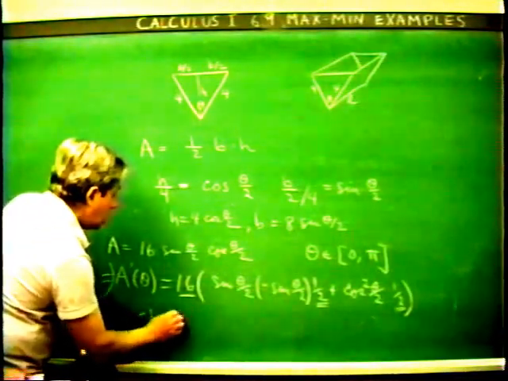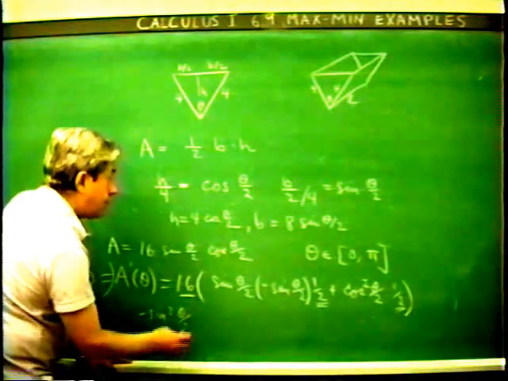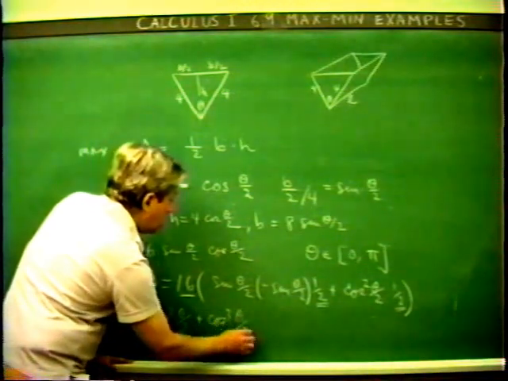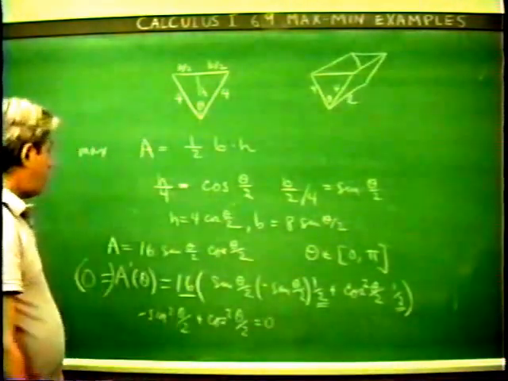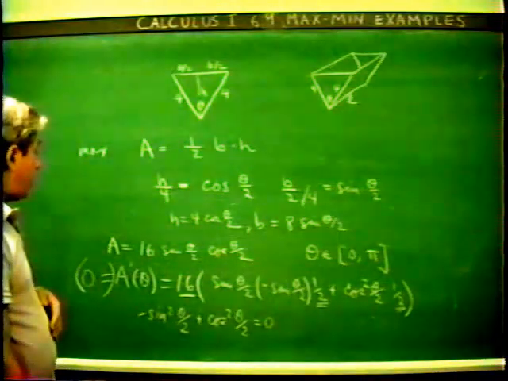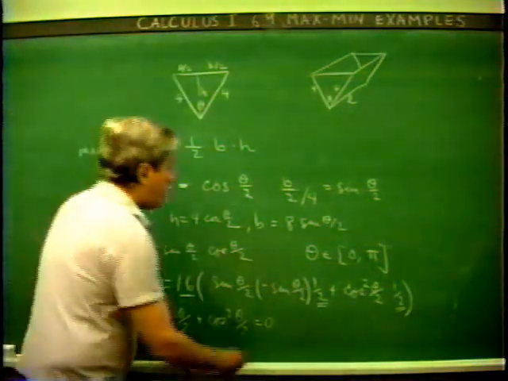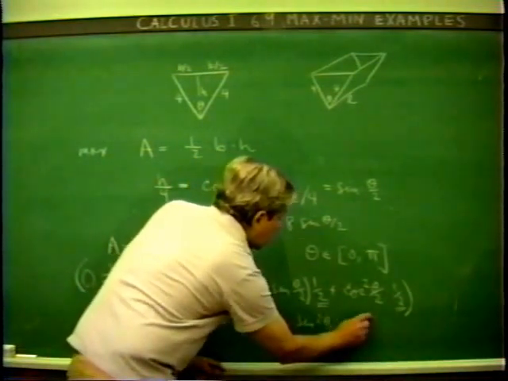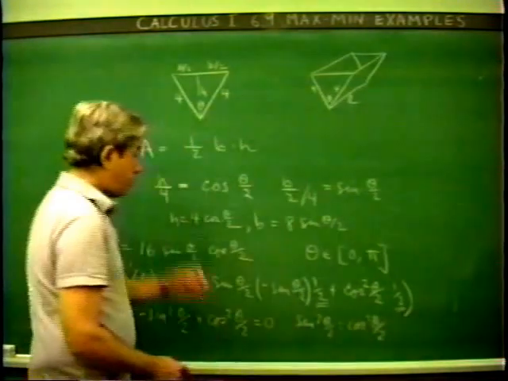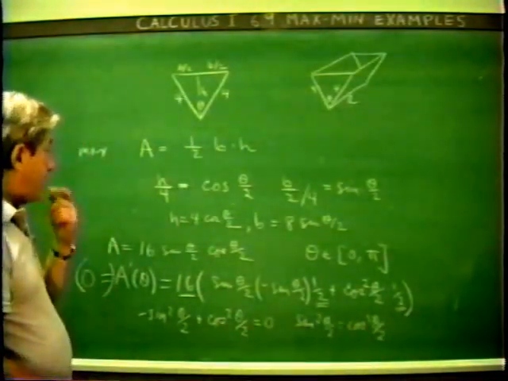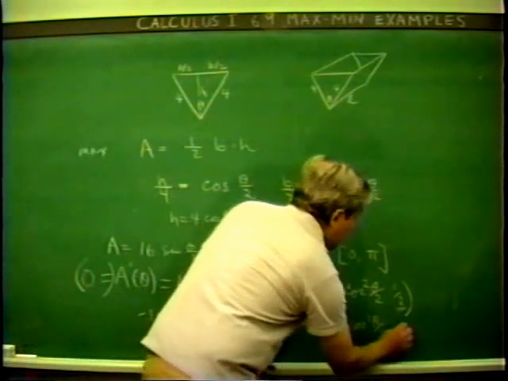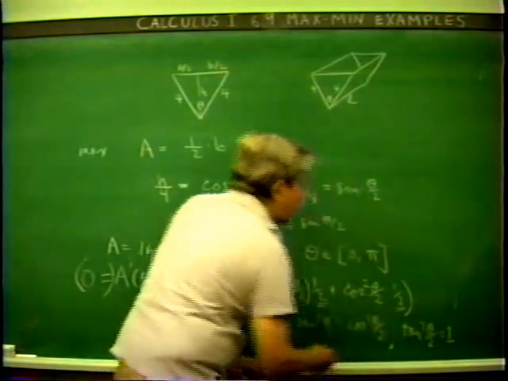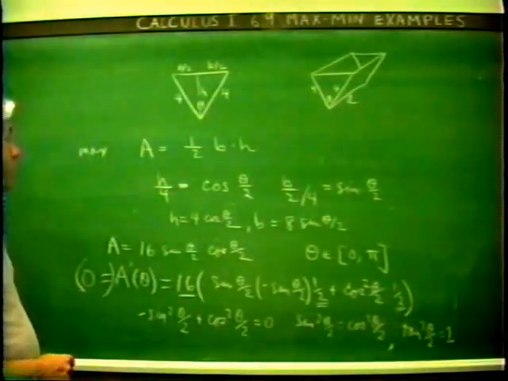It's going to be equal to 0 when minus sine squared theta over 2 plus cosine squared theta over 2 is equal to 0, or when sine squared theta over 2 is equal to cosine squared theta over 2, or when tangent squared theta over 2 is equal to 1.